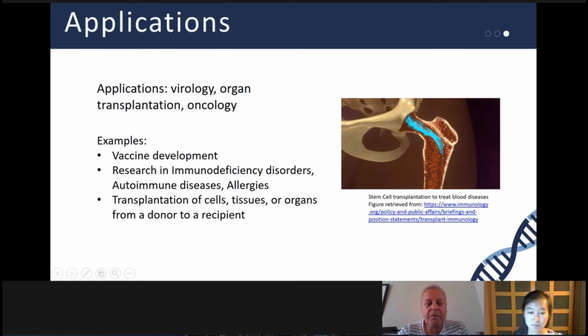Allergies, of course, but then also transplantation of either cells or whole organs from one donor to a recipient. What happens there is that the recipient of tissues or organs from another donor recognizes the new organ or the cells coming into the body as if it was a foreign cell, which is of course the idea with the immune system.